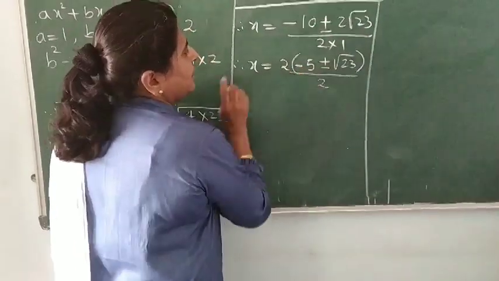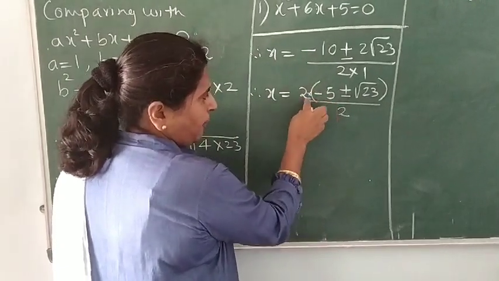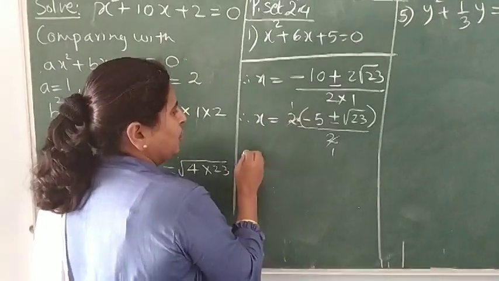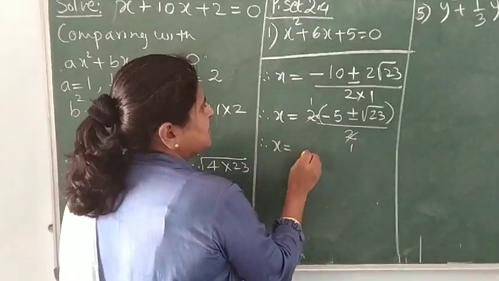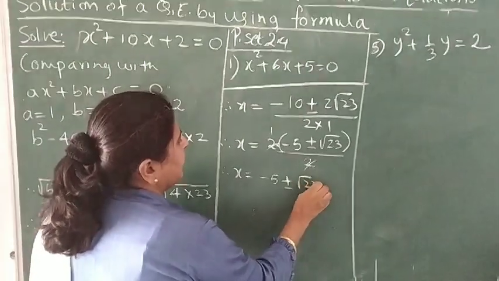So this 2 has been taken common. Now when you have taken common, you have got it in product form, 2 into this bracket divided by 2. Now you can cancel the 2 with the 2, and therefore the value of x is equal to minus 5 plus or minus square root of 23.